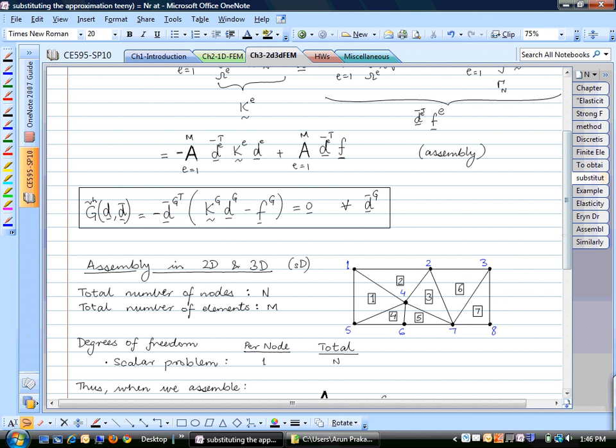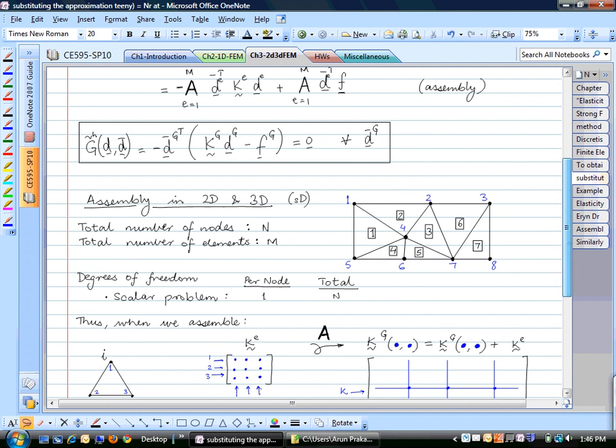When we want to assemble these equations, I'm denoting the total number of nodes in your domain with big N, and the total number of elements with big M. Since this is a scalar field problem, you have 1 degree of freedom per node, which means that your degrees of freedom is equal to the total number of nodes in the problem.